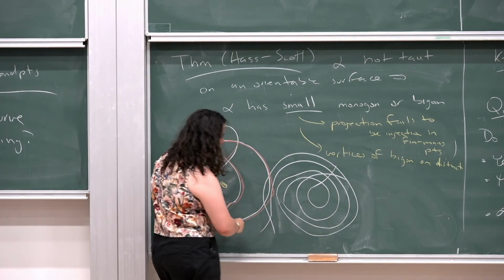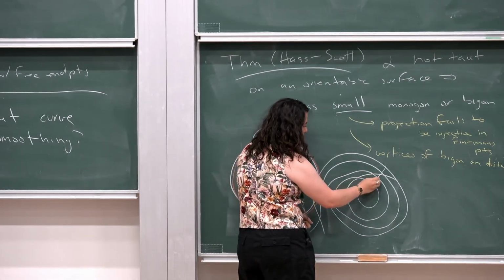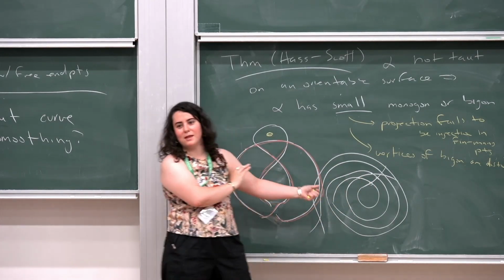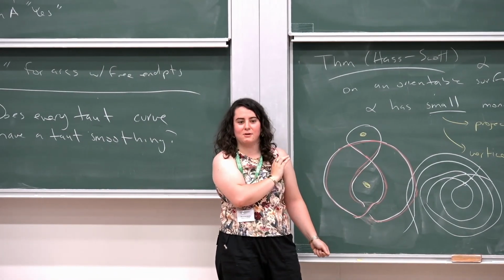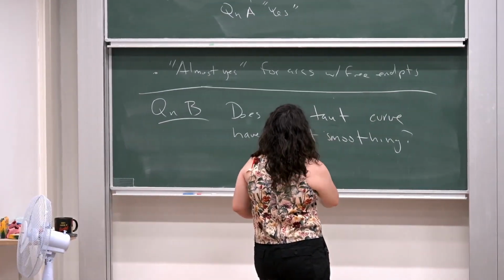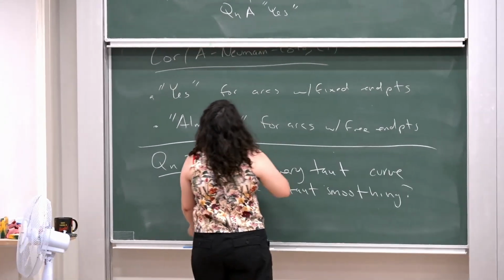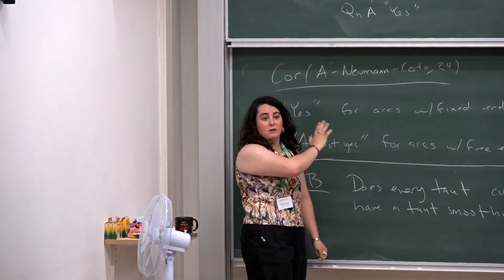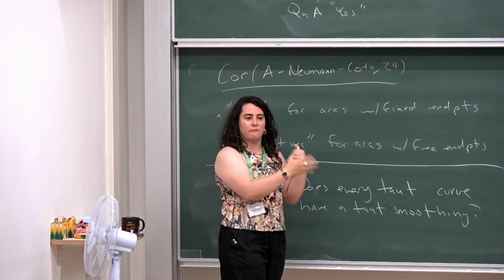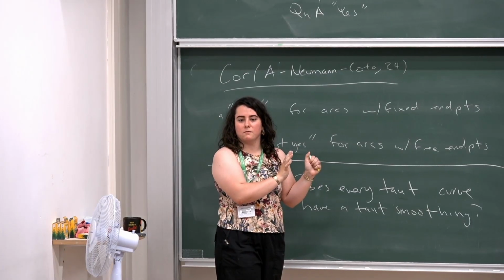I'm intersecting myself just in isolated points. All right? And maybe that doesn't look much better, but it makes our life easier. So I mean, these theorems, I don't know if it was clear, but this corollary is a corollary in orientable surfaces, and the theorem that it is a corollary of is something that works, again, only in orientable surfaces.